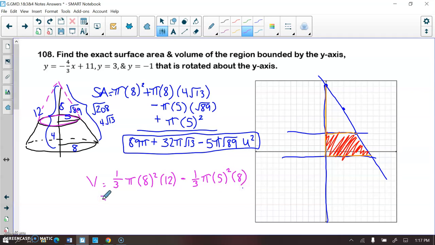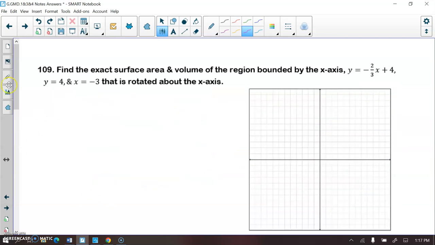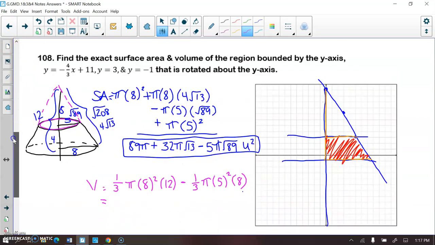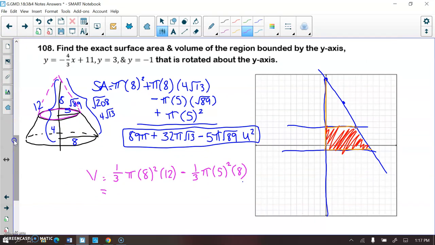So an 8 squared times a 12, times a 1/3, minus a 5 squared times an 8 times a 1/3 pi. I get a 189 and 1/3 pi units cubed.